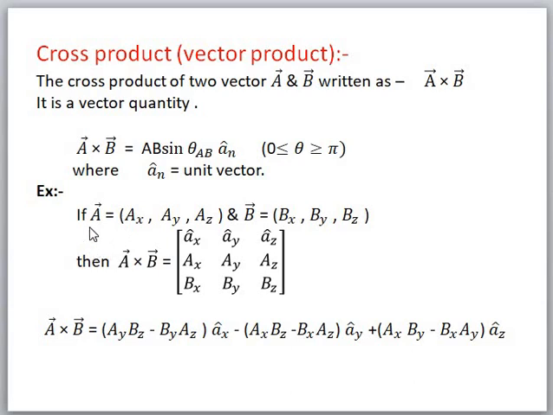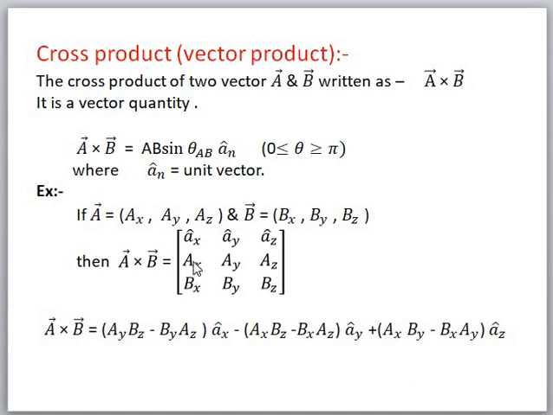For example, if given vector A is equal to ax, ay, az and vector B is equal to bx, by, bz, then the cross product of vector A and vector B is equal to, we can follow the 2 cross 3 matrix rule.